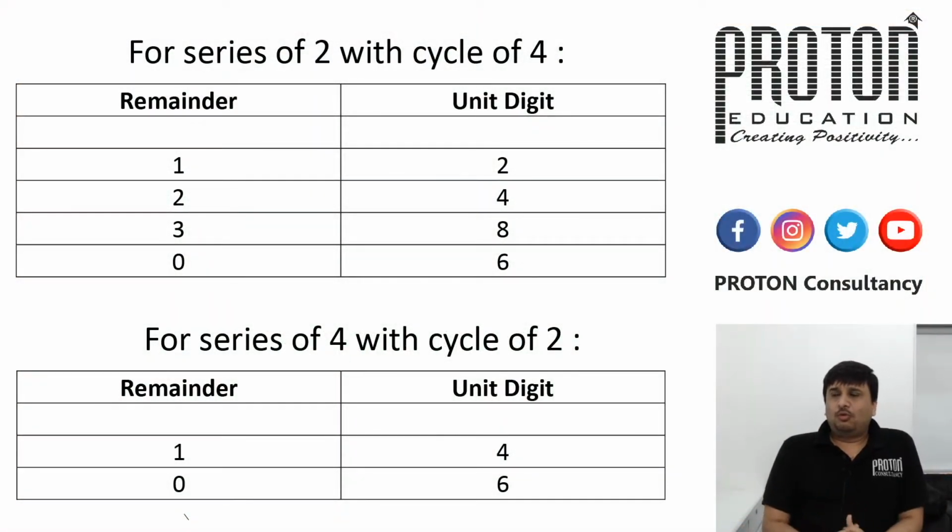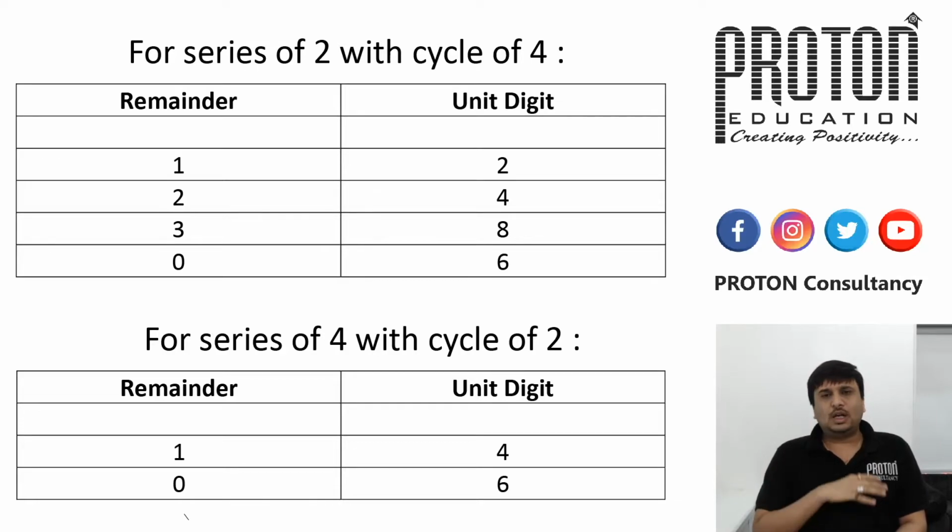Series of 2 with the cyclicity of 4. When the remainder is either 1, 2, 3 or 0, my unit digit always has to be 2, 4, 8 or 6. When the remainder is 1, my answer will be 2. When my remainder is 2, my answer will be 4. When my remainder is 3, my answer will be 8. And when my remainder is 0, my answer is 6.